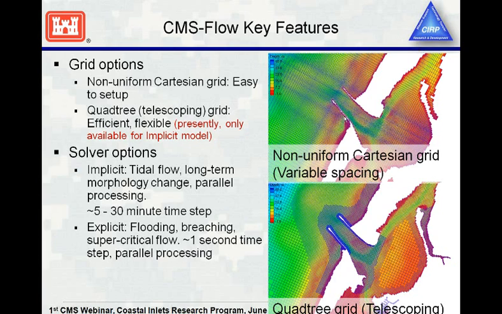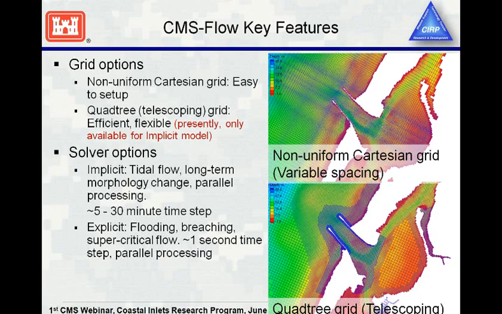There are two different types of grids that are used for CMS-Flow. The first one, which has been around since CMS has been in existence, is this variably spaced grid. So as you see by the graphic here, in the I and the J directions, you could increase resolution, but that resolution had to be extended all the way across the domain.